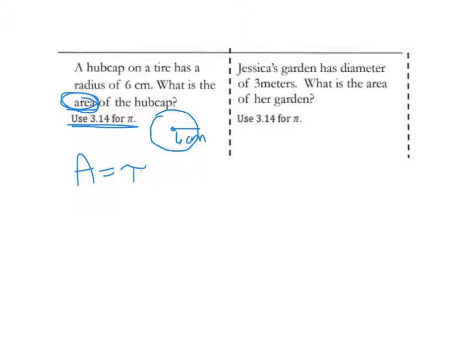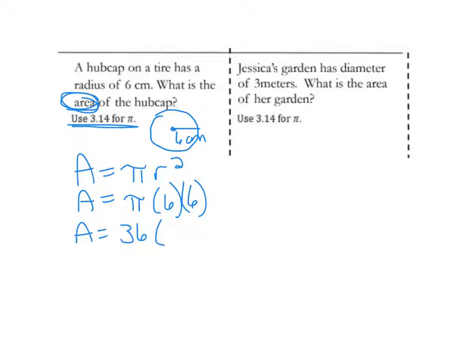So let's go ahead and use our formula. A equals pi radius squared. Now what I'm going to do, I'm going to use 3.14, but I'm going to leave that until the end. So you have pi times 6 times 6. And what's 6 times 6? 36. And I'm going to go ahead and now replace 3.14.